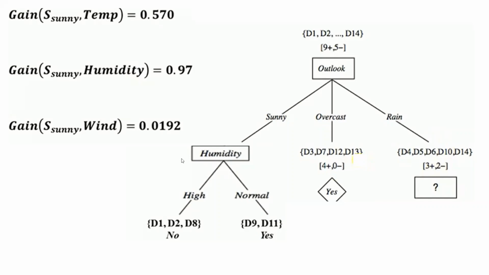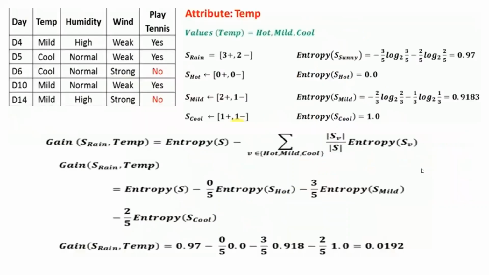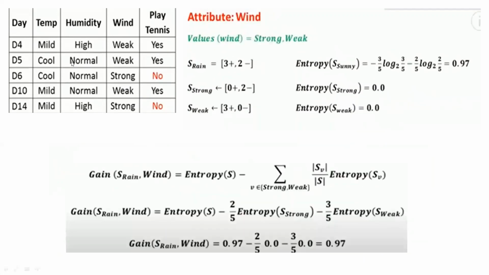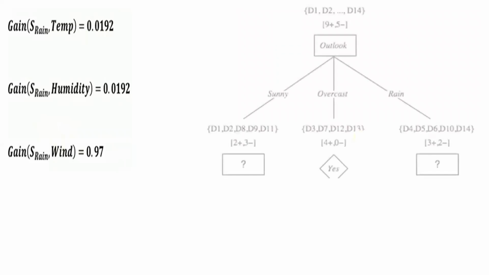And similarly, what about rain? For rainy also we have 5 tuples. So again, you need to consider those 5 tuples which are replicating only rainy attributes. Later, you need to calculate entropy and information gain for temperature, humidity and wind. Again, you will be getting those 3 values.